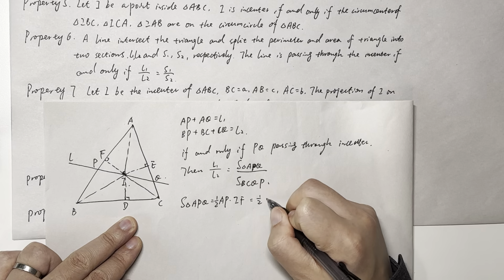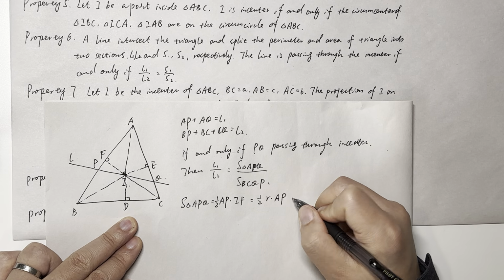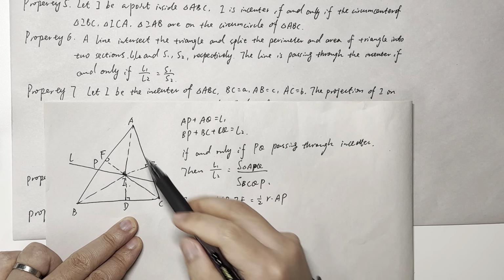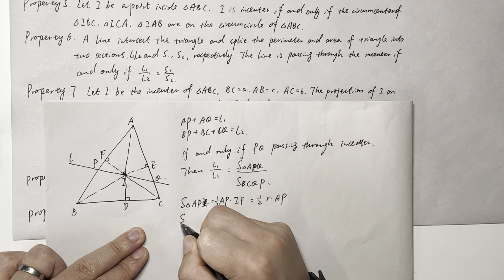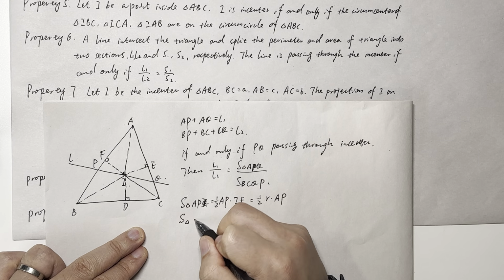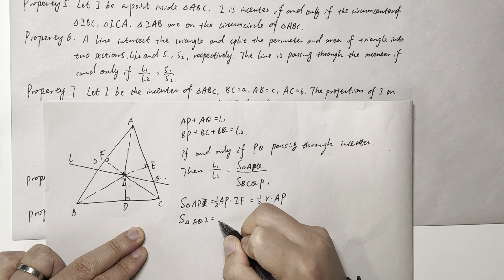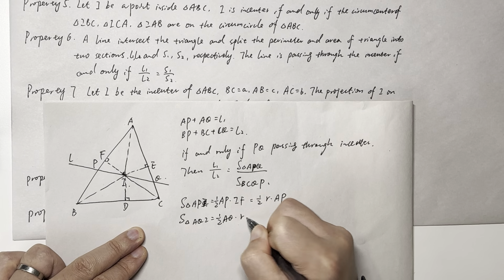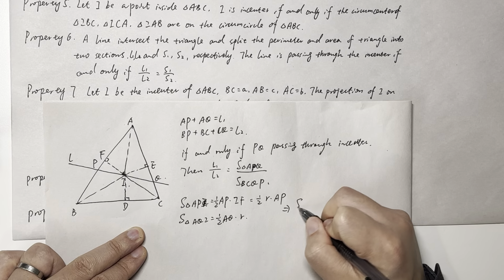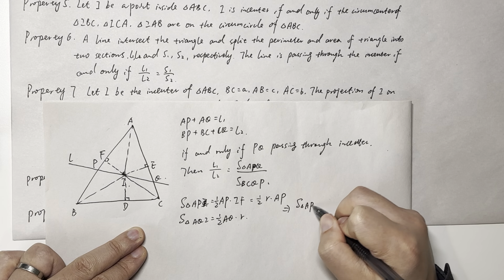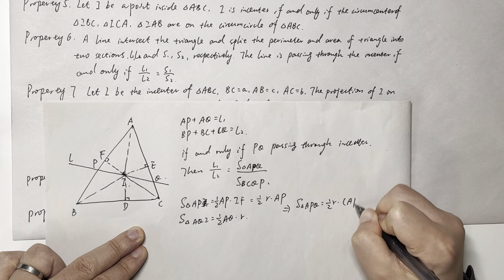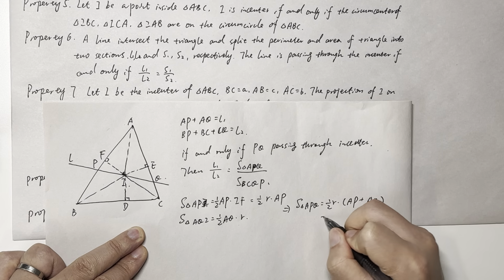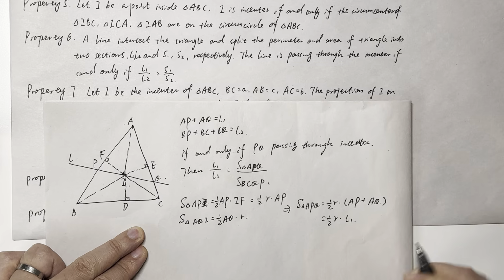So half of R times AP. That's triangle API actually here. And the area of triangle AQI equals half of AQ times R, which means the triangle area APQ can be calculated as half R times AP plus AQ equals half R times L1, right?